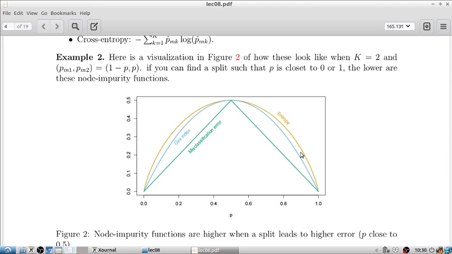Entropy, or cross entropy for higher dimensions when you have more classes, penalizes more if your p values are not 1 or 0. Only when they're 1 or 0 do you have 0 loss, and if it's slightly away from 1 or 0, you're penalizing more with Gini and entropy compared to misclassification. Otherwise I don't know of other reasons.